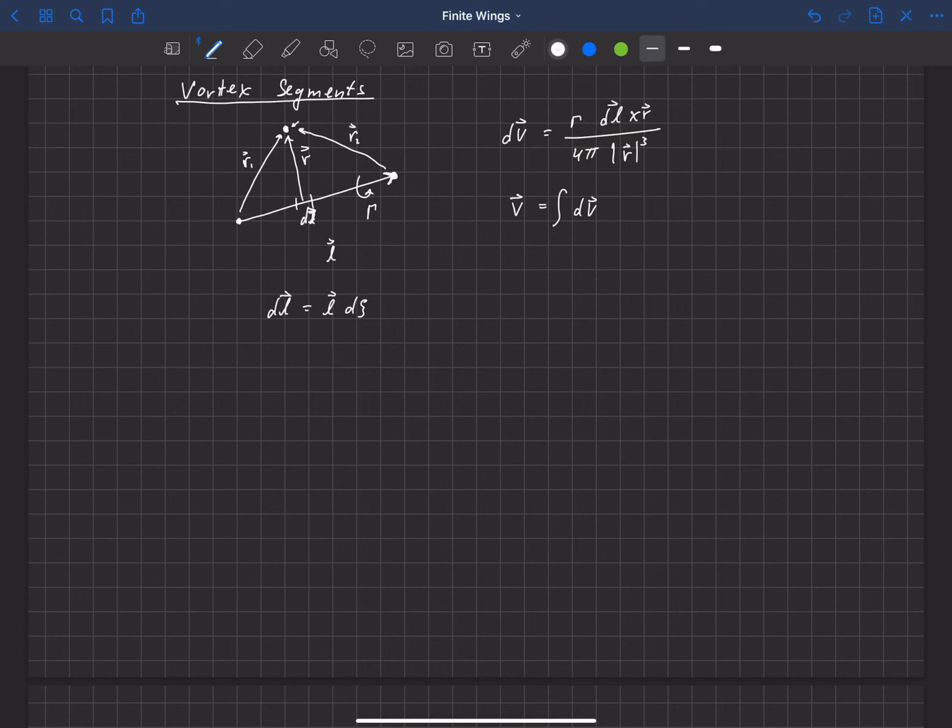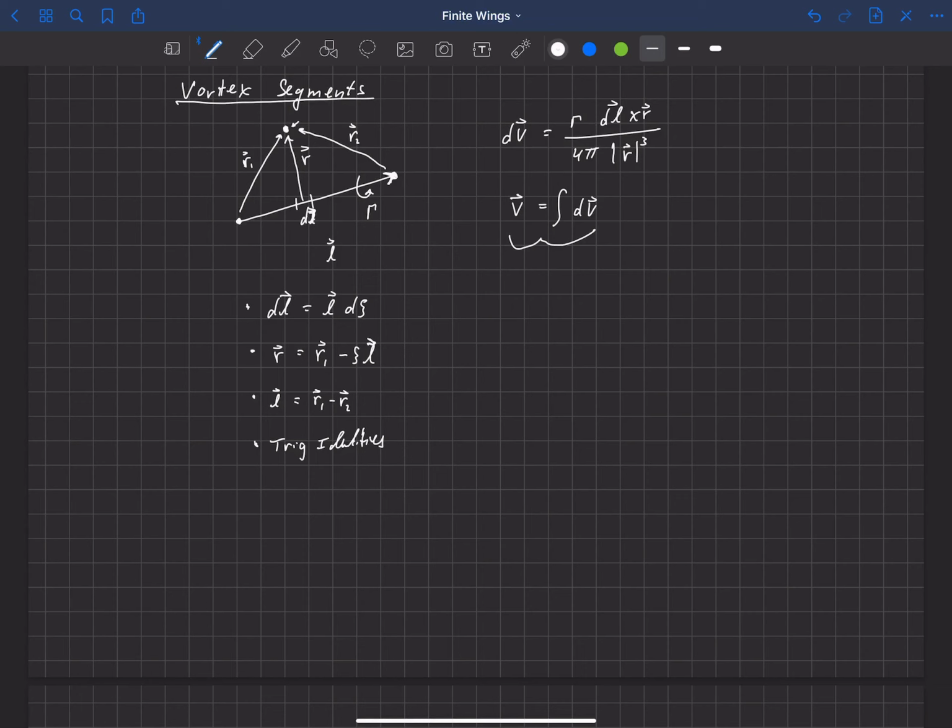Then we can say that r at any point is equal to r1 minus zeta times L. And then we can say that L is equal to r1 minus r2. Finally, we can apply a bunch of trig identities. I'm not going to work through all of this math, but these are the things that are useful in working through this math to actually solve this integral.